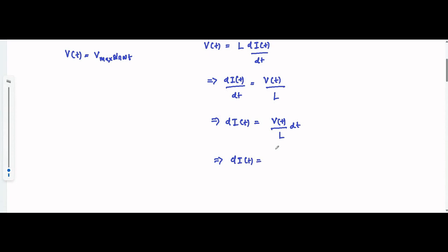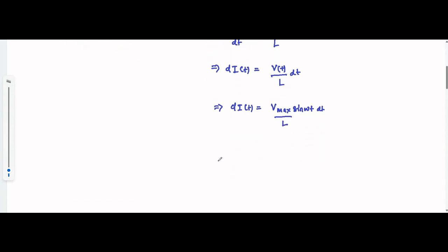That implies diT is equal to Vmax sine omega t dt by L. Now if we want to get the expression of current, we will integrate this. That implies iT is equal to the integration of this, so it will be Vmax by L times the integration of sine omega t.